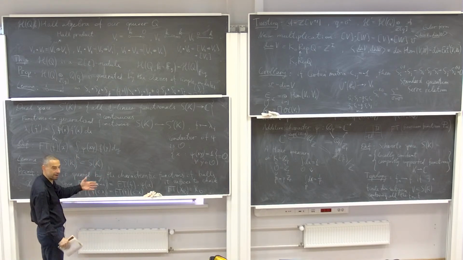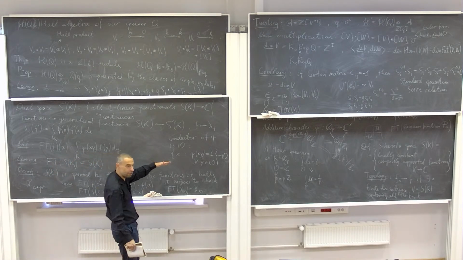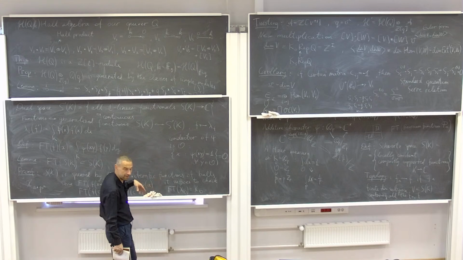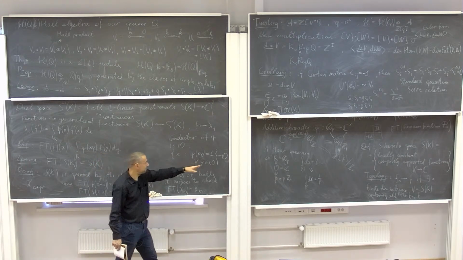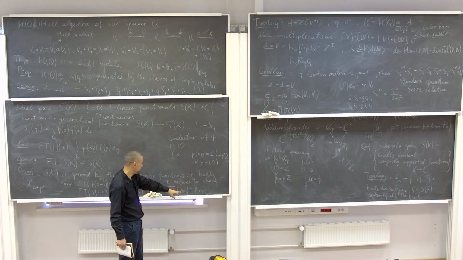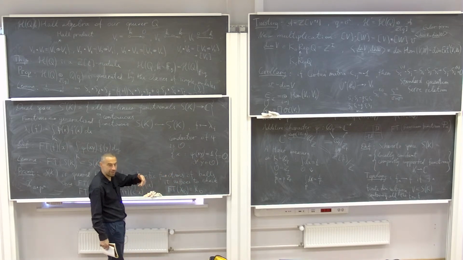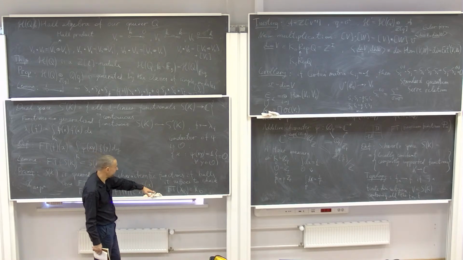So to say, the orthogonal complement to O is O itself. O is self-orthogonal. Yeah? This is clear.